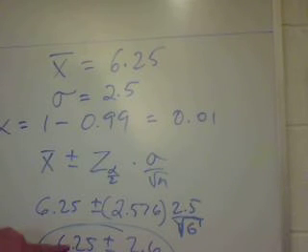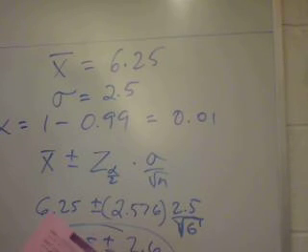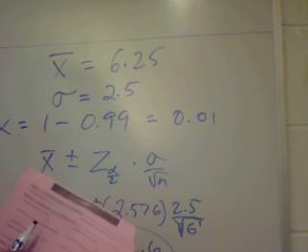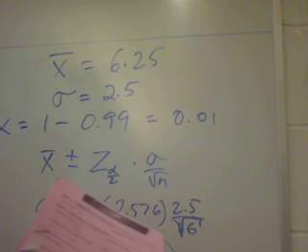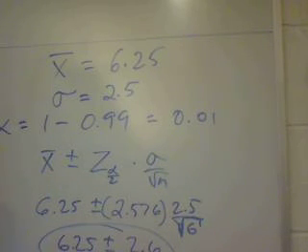The upper limit, 6.25 plus 2.6. And again, that formula is on the back of the first page on the left side under Chapter 8. And so we're 99% confident that this interval contains mu.